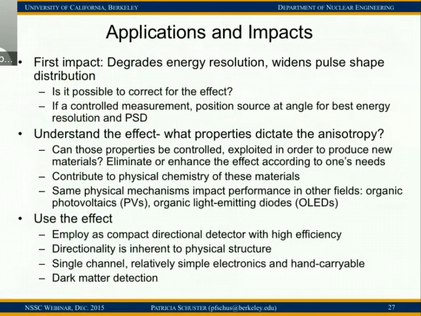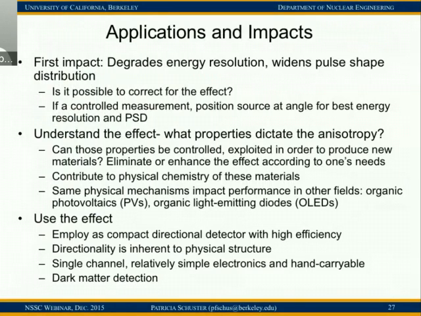Lastly, can you use this effect? One application that is always proposed is to employ the effect in a compact directional detector with high efficiency. If you've seen the existing neutron imaging systems, they're often several detectors, like 16 or 32 detectors, with every one having a wire and a cable, and you're trying to synchronize all the signals and you require several interactions.